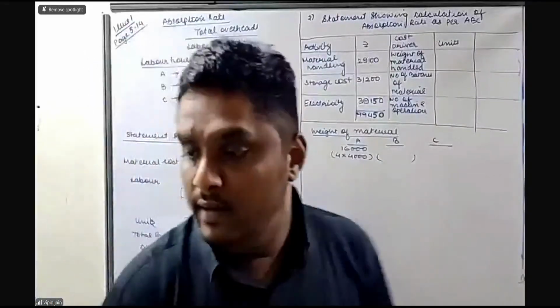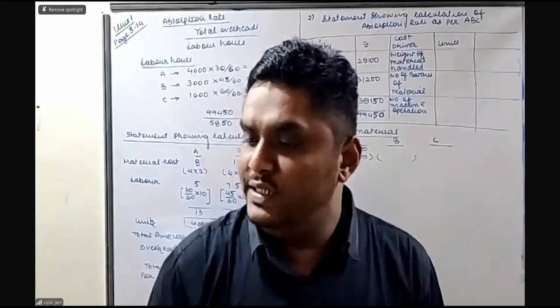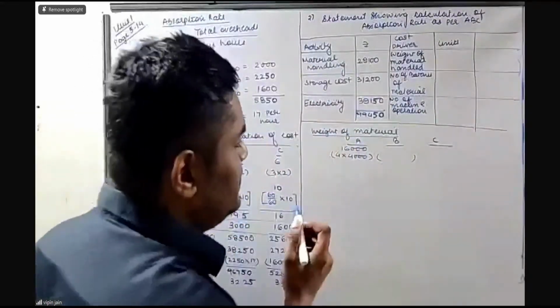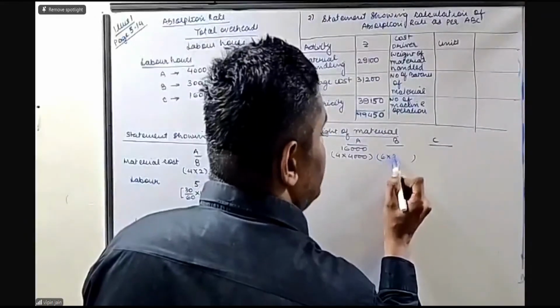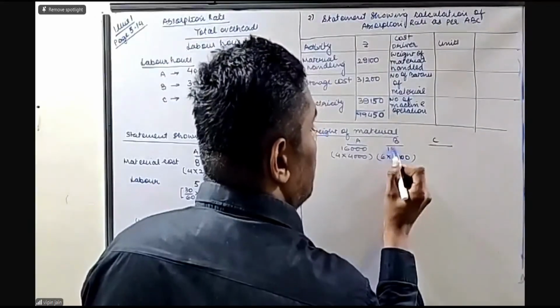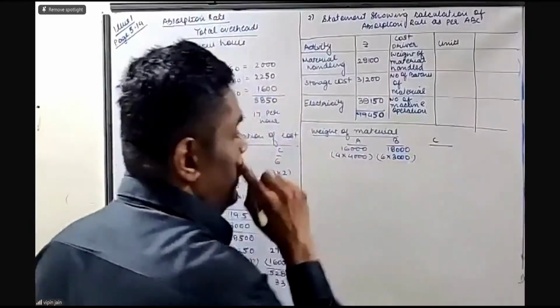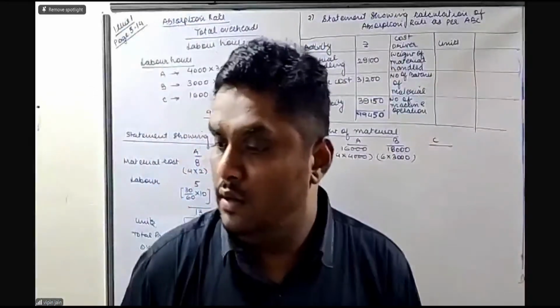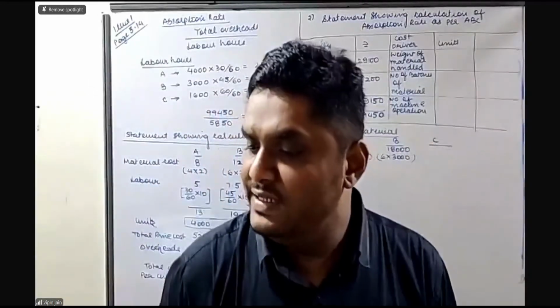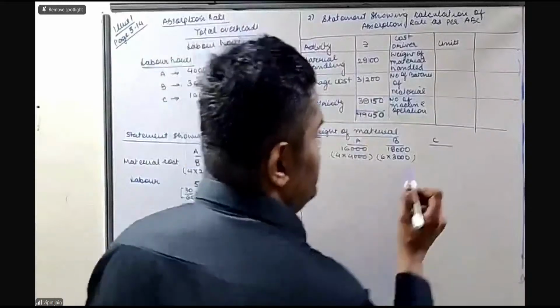For B, every unit requires 6 kgs and a total of 3,000 units are manufactured. So 6 into 3,000, 18,000. And for C, every unit requires 3 kgs of material and a total of 1,600 units are manufactured.